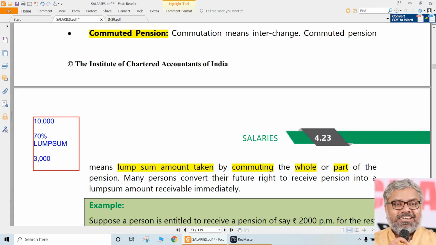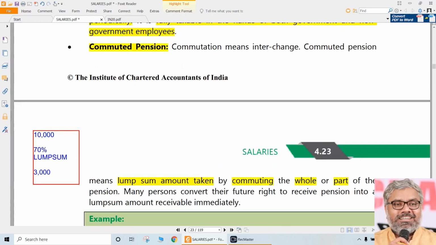Our point is, in the problem, in the case we are dealing with, we should identify how much is the normal periodic pension and how much is the percentage of commutation. How much is taken as a lump sum amount for such commutation will be given in the question. And we should calculate, after commutation of a certain percentage, how much the employee might receive in future as uncommuted pension.